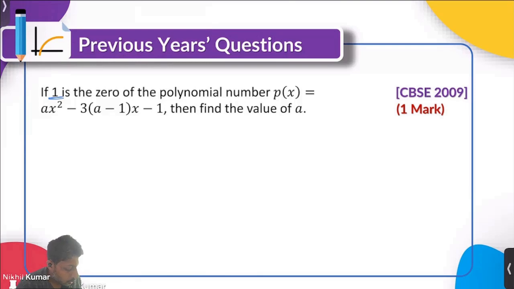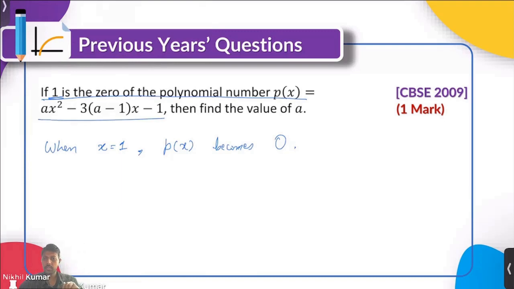Let me write it. When I put x as 1, p of x becomes 0. This is what is stated by this statement. This is what is given in the question. With this understanding, let's try to answer.